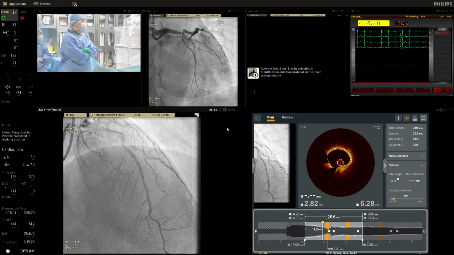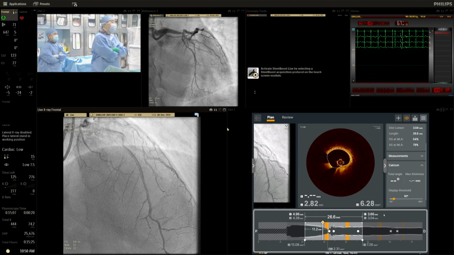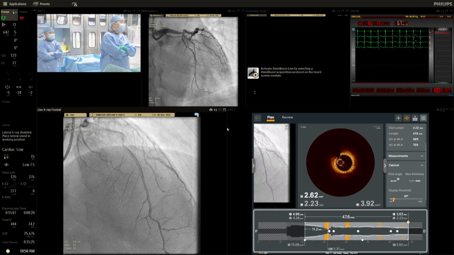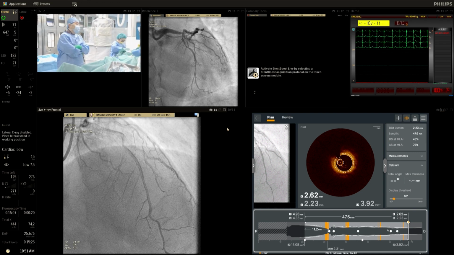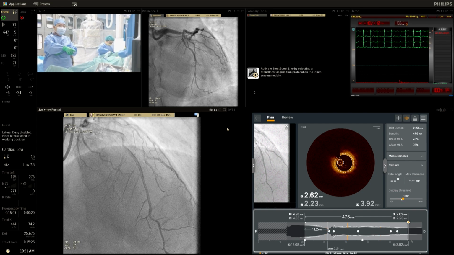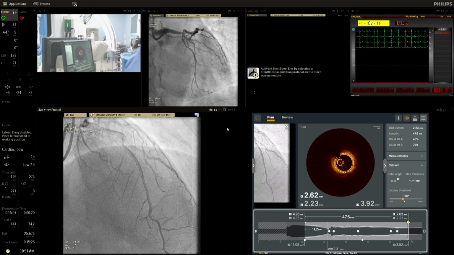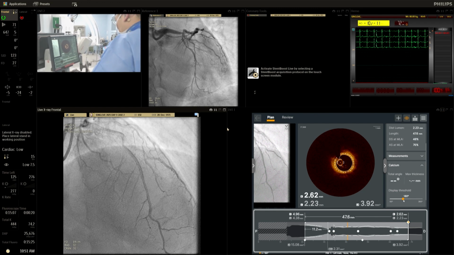Okay, we'll go to 90. Obviously the lower we drop the threshold, the more it picks up. If the default is set at 180, I guess it's because the calcium scoring system uses 180 degrees as the cutoff. But you can always play around with it.